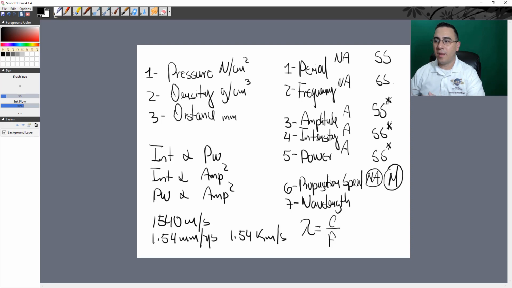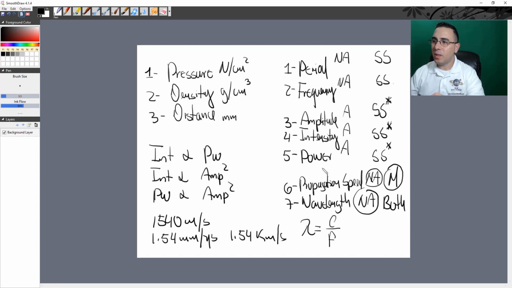So wavelength depends on both, and it is non-adjustable, because if you don't have a multi-frequency probe, you're not able to adjust the frequency, and the propagation speed you cannot change because that's a property of the medium. It depends on the stiffness and the density of the tissues. Please take a look at this one more time.